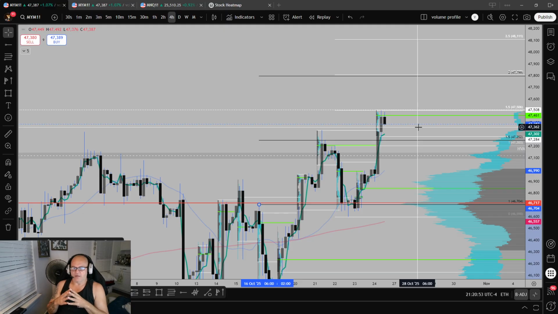Right now, I am looking for longs because we are bullish in the market. But when we get to 47,800, I am going to be looking for shorts, and I will be trading that back down to other levels.